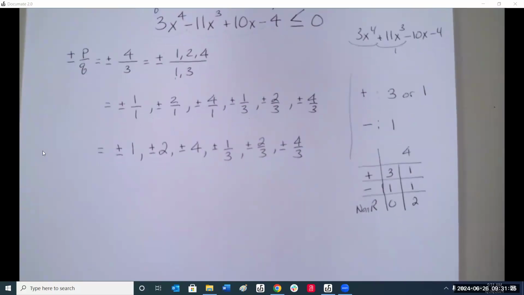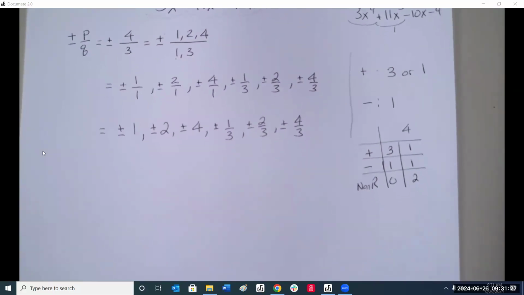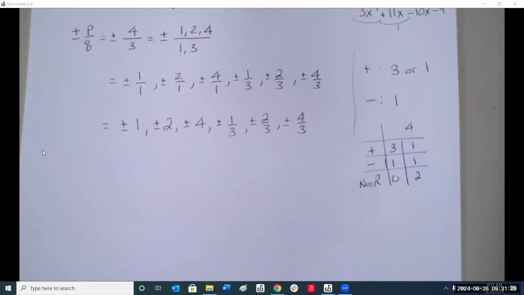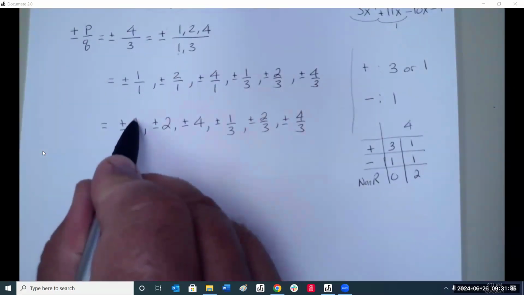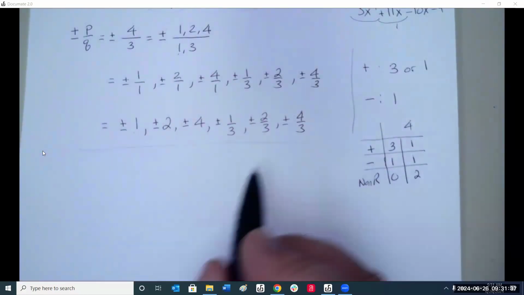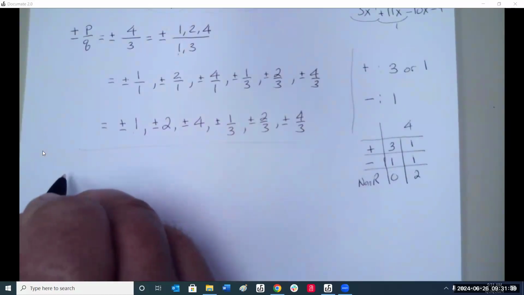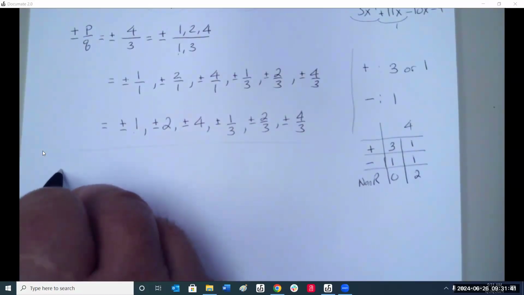How do we find them? We've got to start from positive and negative 1 and do synthetic division. So we'll start with +1.